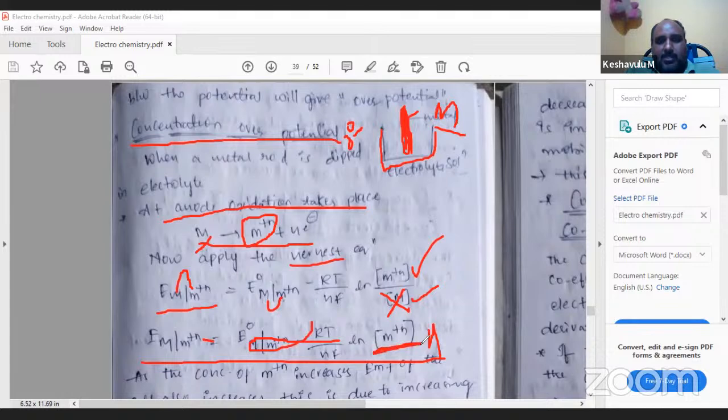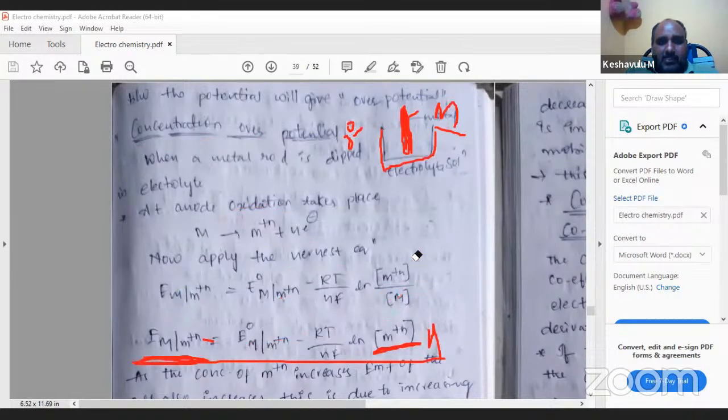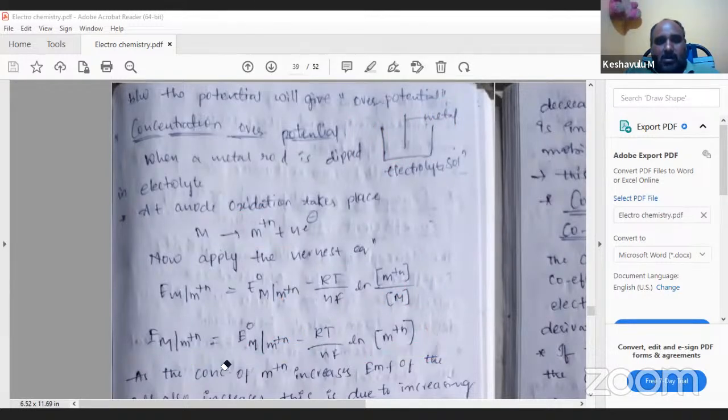With respect to this, as we increase the M^n+ concentration, the EMF of the solution also increases, because of the direct proportionality. When the metal is involved in oxidation, the concentration of M^n+ keeps increasing. Simply, as we increase the M^n+ concentration, the EMF of the cell increases, and as we decrease it, the EMF decreases when the metal is involved in oxidation.